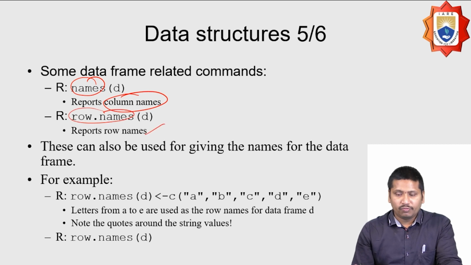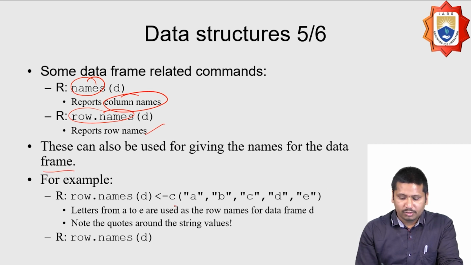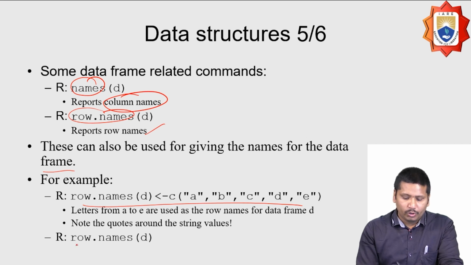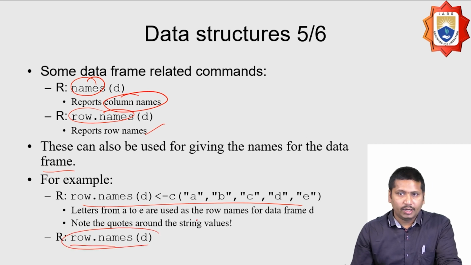This can be used for giving the names for the data frame, where the letters from A to B should be the row names for the data frame. Note that there should not be any quotes around the string values. And if I specify the row dot names of D, then I can get the row names as well.